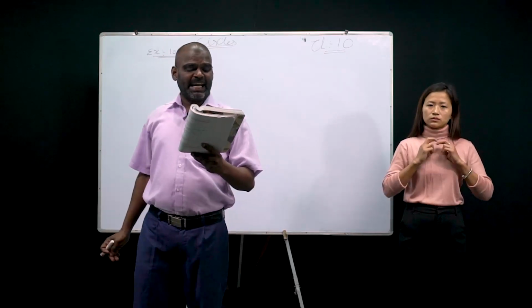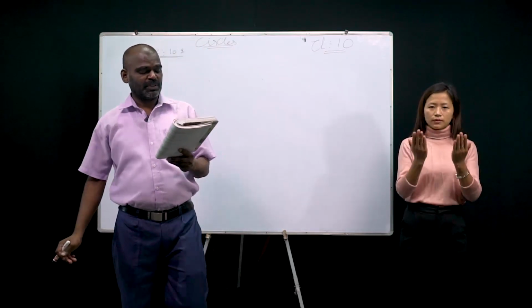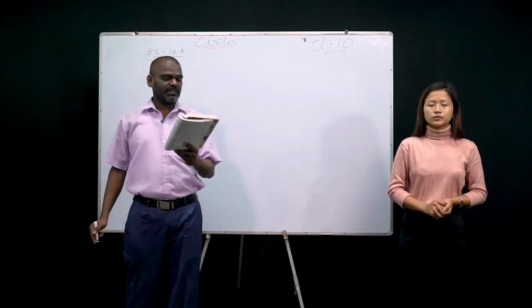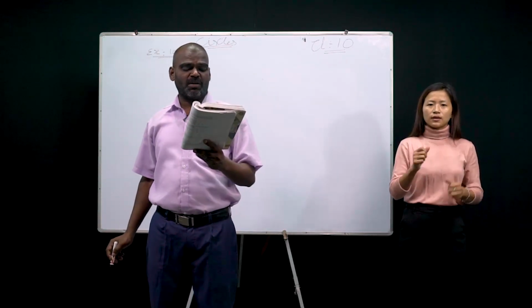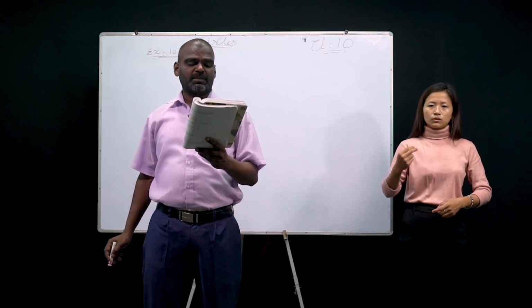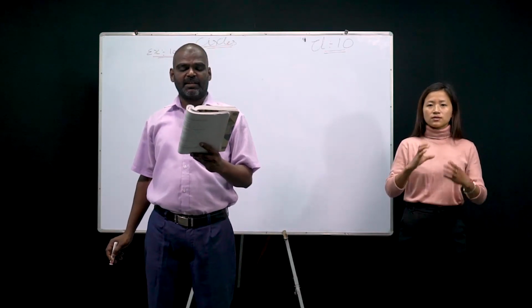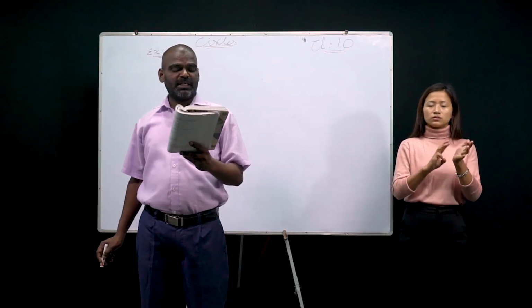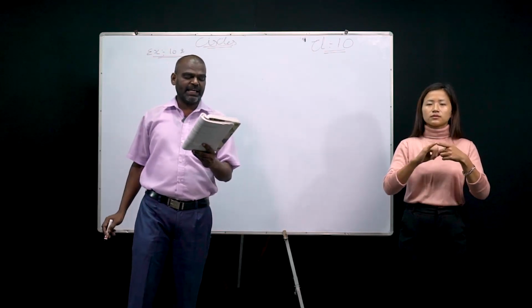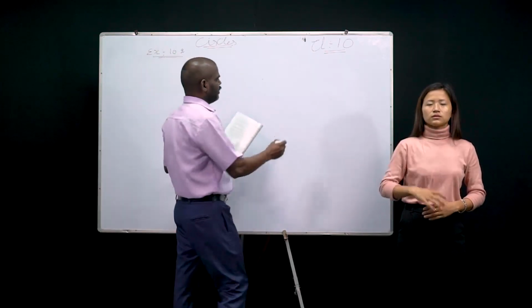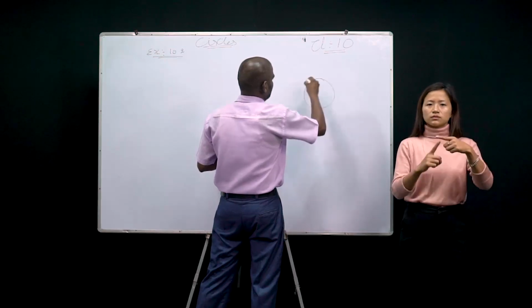Now question number 8 tells, all of you look at the textbooks. A quadrilateral ABCD is drawn to circumscribe a circle. Prove that AB plus CD equals AD plus BC. It is already given in your textbook, the figure is already given.